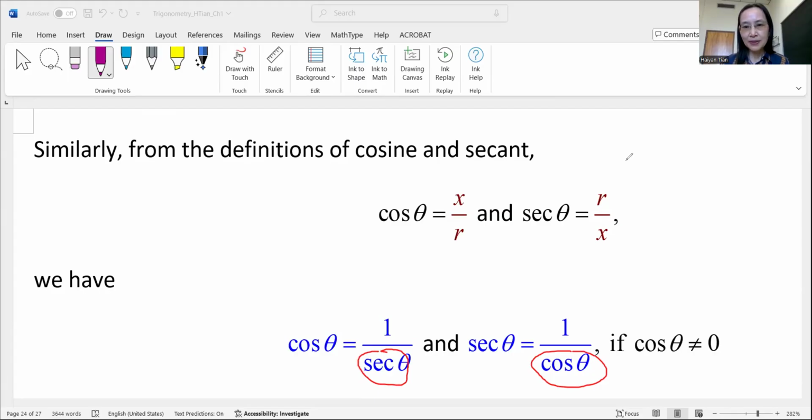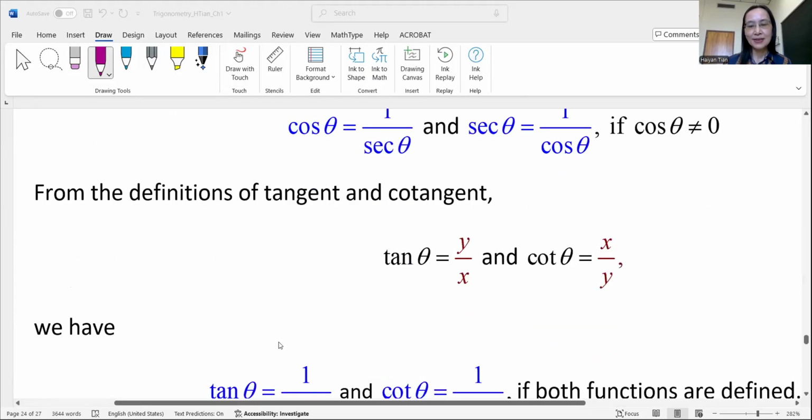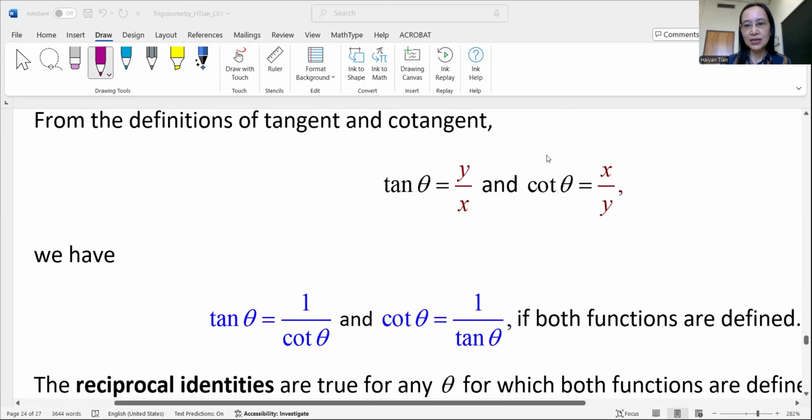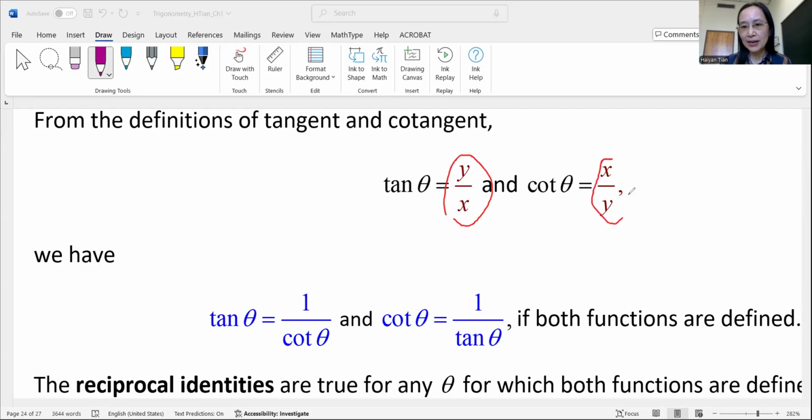And another pair of trigonometric functions, tangent and cotangent. We can see that tangent is y over x, cotangent theta is x over y.